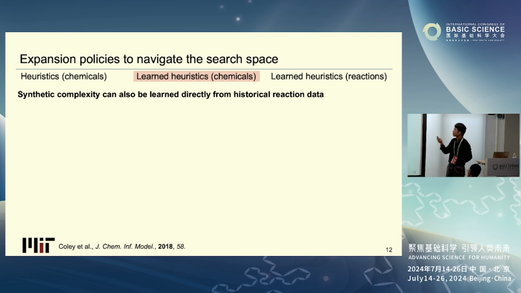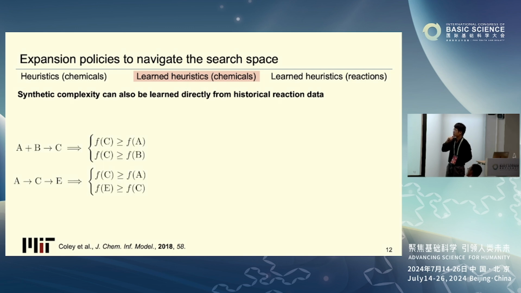So Connor developed this learned heuristics approach. What he does is he tries to use reactions to define the complexity score of chemicals. The assumption is that we have all these reactions, and we assume that they are all synthetically constructive, meaning that we're doing meaningful synthesis. So the complexity score of the product should be higher than the reactants.